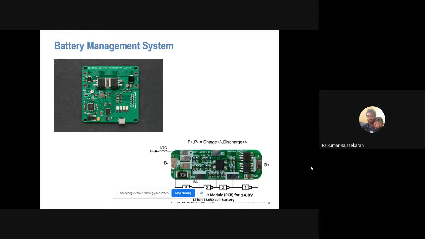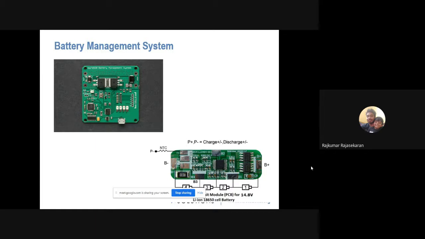If any of these parameters are out of range, potentially it will try to control it as well, depending on the sophistication of the BMS we have selected. Mostly it's for monitoring and logging data, but if needed, it also enacts the control mechanism.